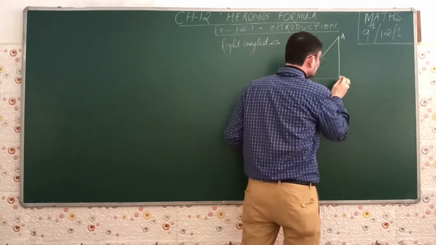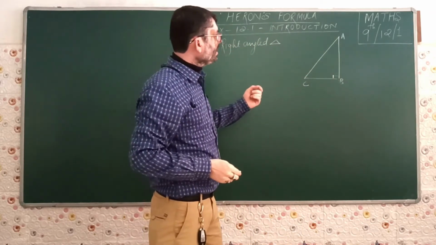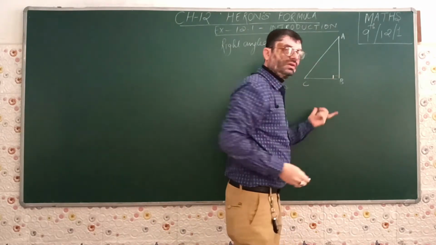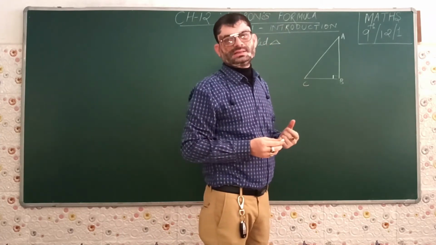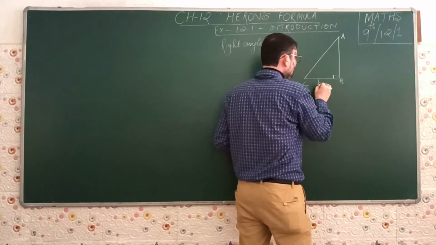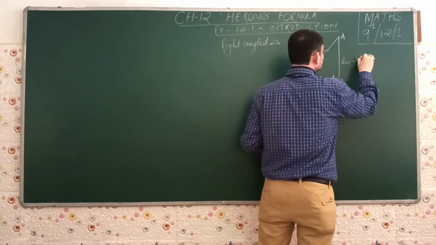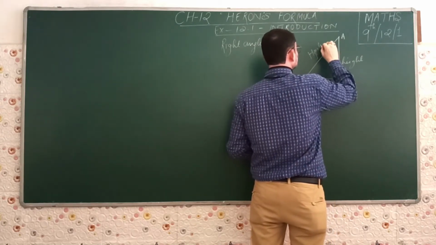In any triangle, of the two sides corresponding to the right angle, one can be considered as a base and the other as a height. So let us consider this one as base and this one as height, and this was our hypotenuse.